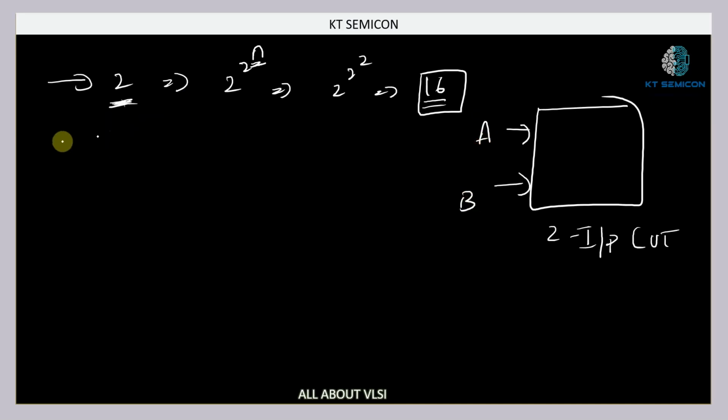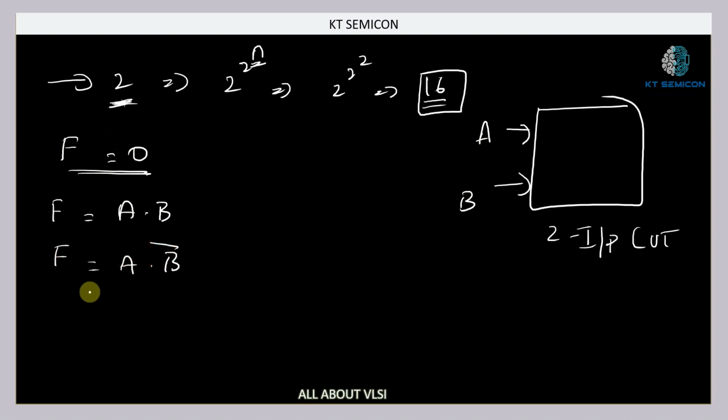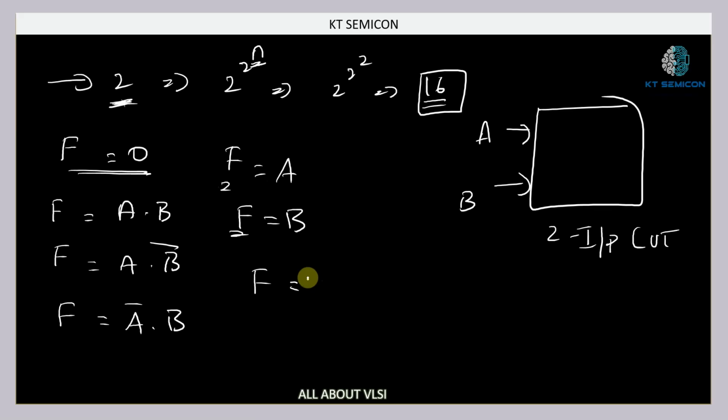So what are they? I can get f is equal to 0, or f is equal to a dot b, or f is equal to a dot b bar, or f is equal to a bar dot b, or simply f is equal to a, f is equal to b. F is nothing but my output. Or I can get a XOR b, that is a bar b plus a b bar.